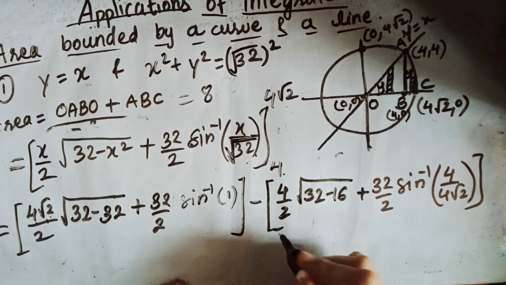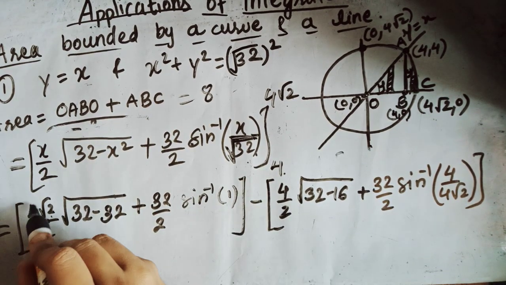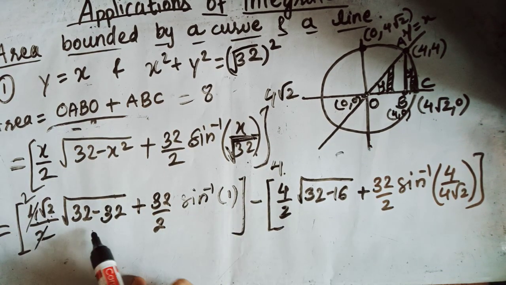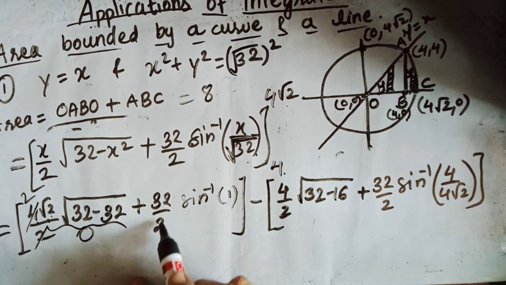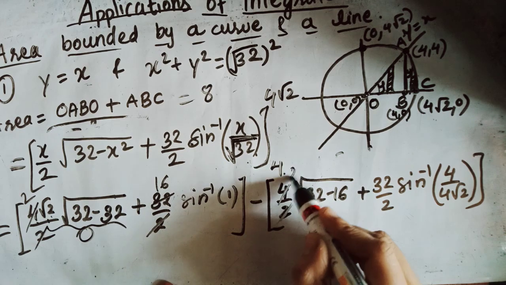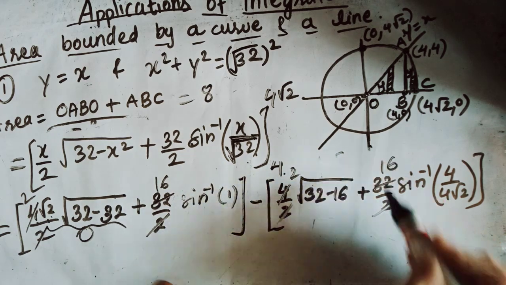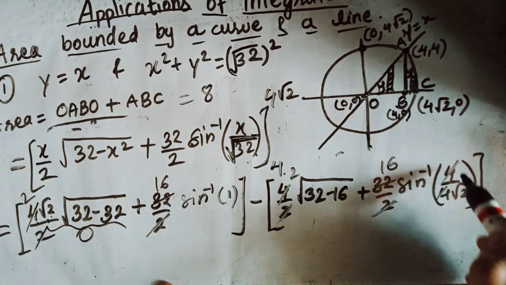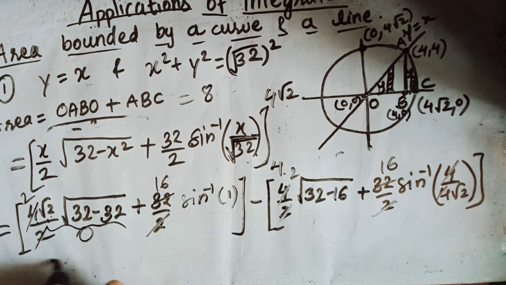Okay, now you cancel some of the numbers. This term is 0, this is 16, this is 2, this is again 16, this goes, so sine inverse of 1 upon root 2 it becomes.